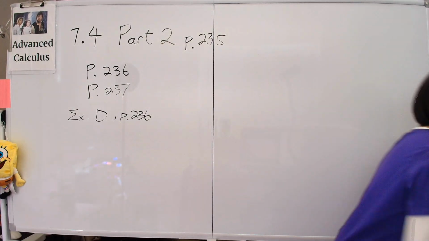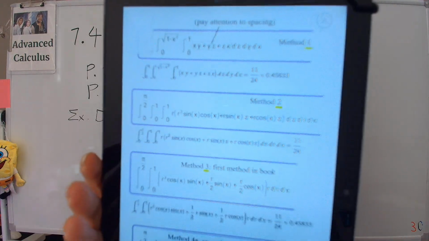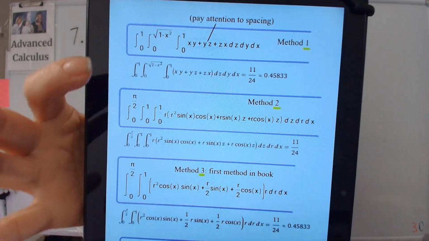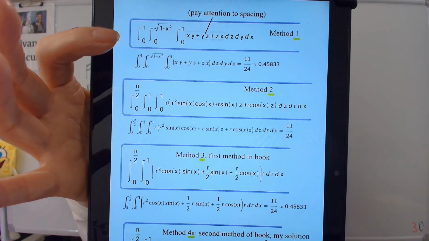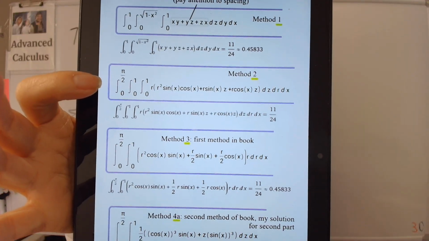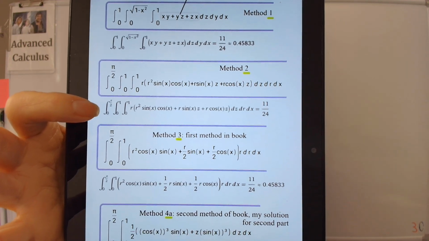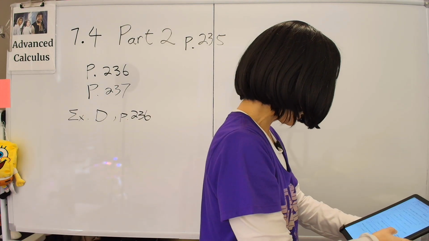I typed everything into the Desmos integral calculator, and I got these 2 integrals to come out. Method 1 equals 11 over 24. I tried the cylindrical method, and that also equals 11/24. So I'm looking pretty good, and that's that.